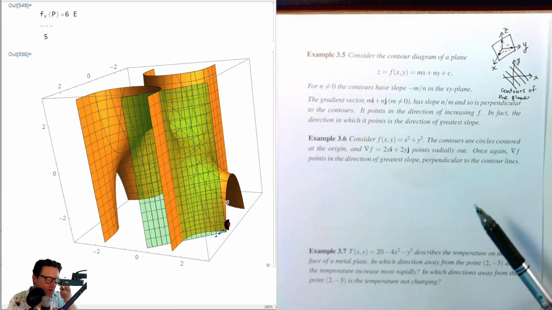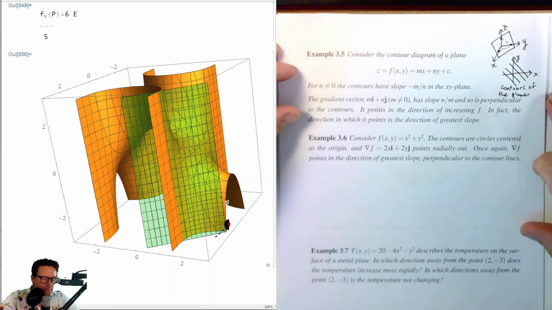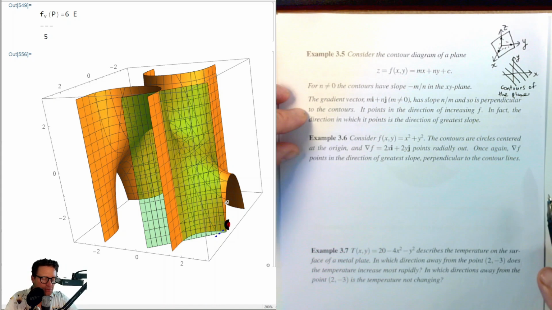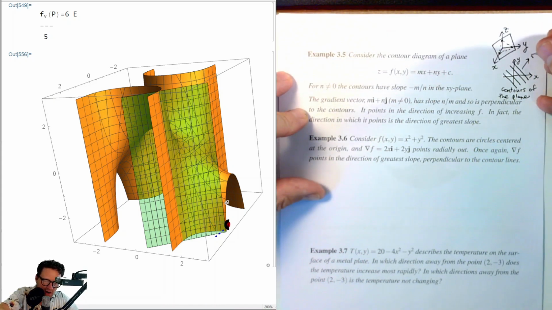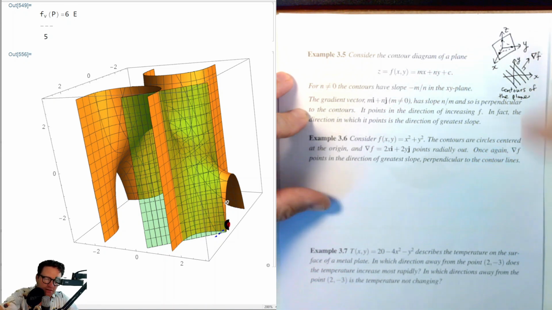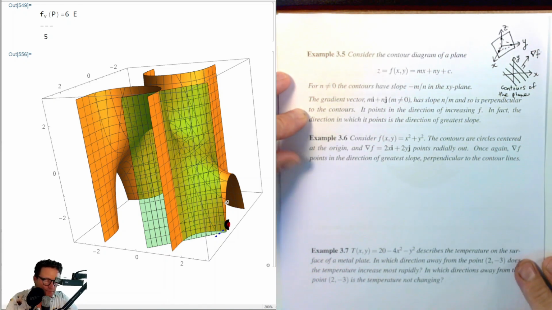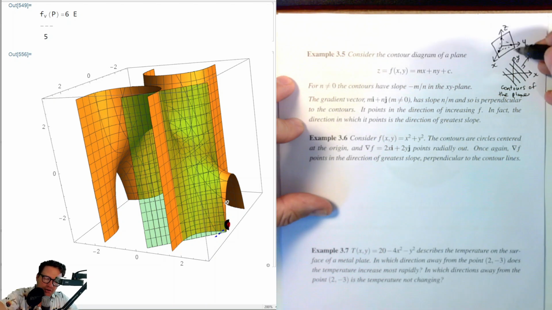This has slope n over m if m is non-zero, and so is perpendicular to the contours, right? So let's indicate that here. This would be grad f at some given point P, perpendicular to the contours. It points in the direction of increasing f, all right? So where do you go to increase?